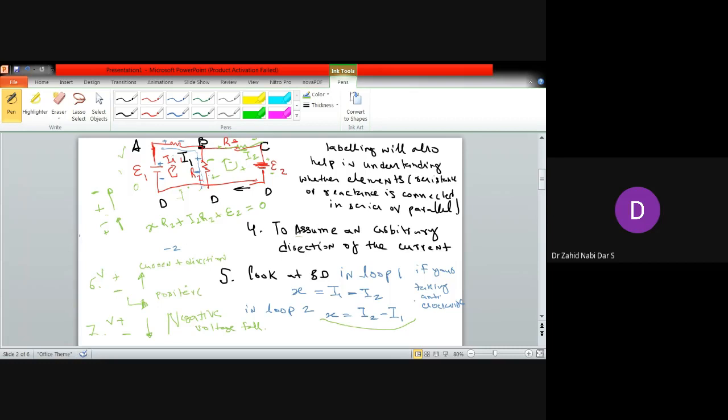In loop 2 x would be equal to I2 minus I1. Apply KVL in loop 1, apply KVL in loop 2, get an algebraic equation, solve those two equations and get the values of I1 and I2. From there you can calculate other values also.